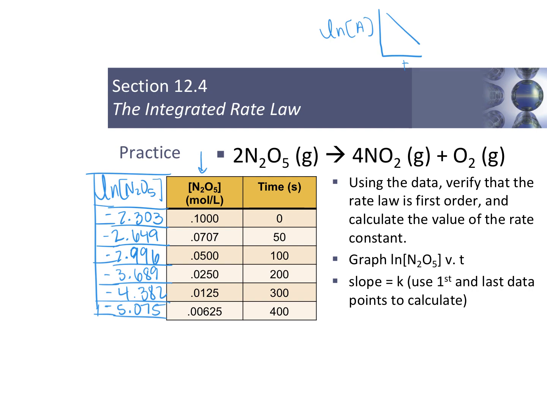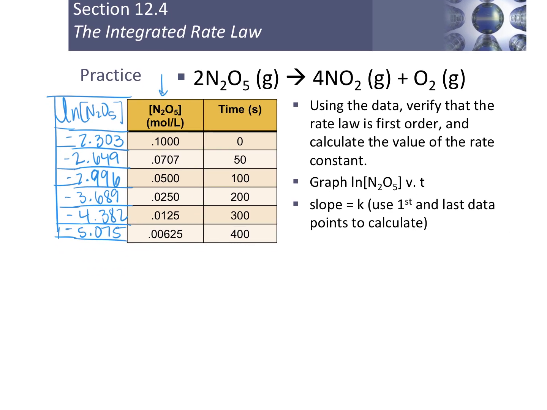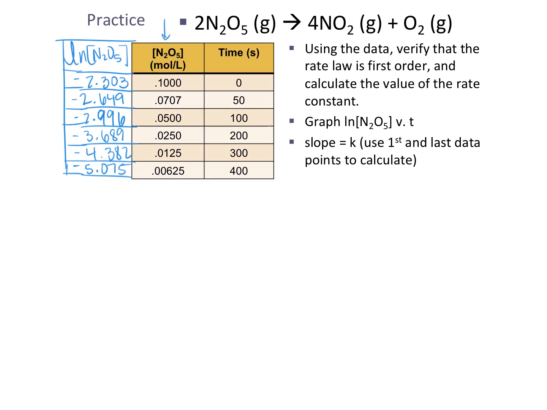So I've got all my natural log data, and so now I'm going to come down and actually graph it. Okay, and I'm just going to draw kind of a simple graph here. My natural log values are negative, so I'm going to keep my origin right up here, and I'll draw my graph where it's supposed to be.